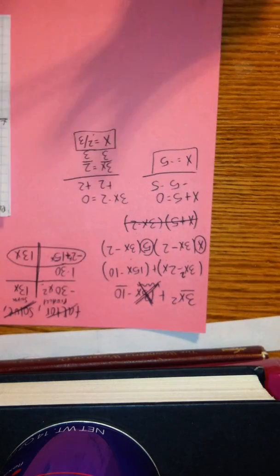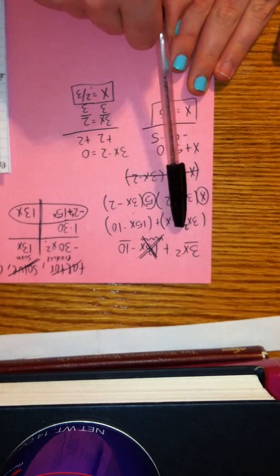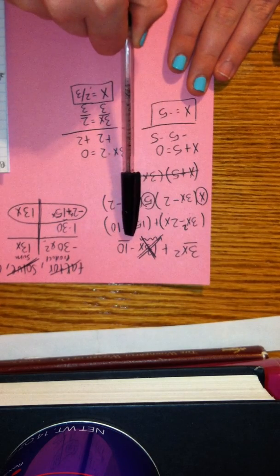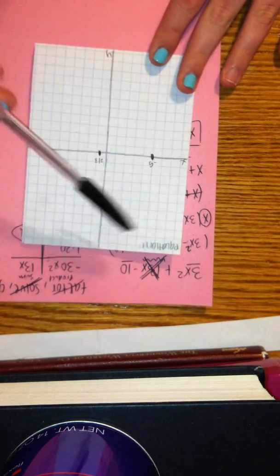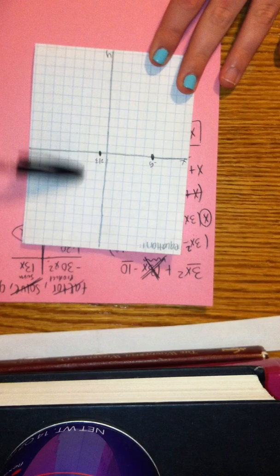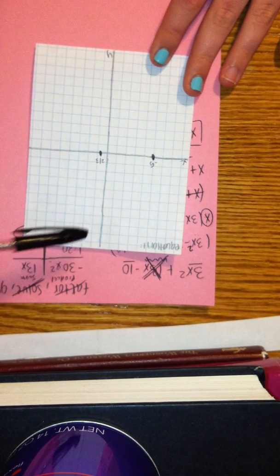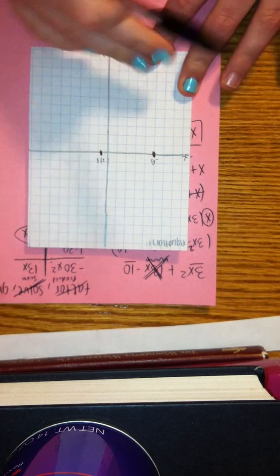Now, I don't have a calculator with me, but on a graphing calculator, you could type in y equals, and you can type in this equation exactly the way it reads, 3x squared plus 13x minus 10. If you type that into y equals and hit graph, then you will get a quadratic graph. So it'll look like a U pretty much. And you'll see these points on the x-axis.